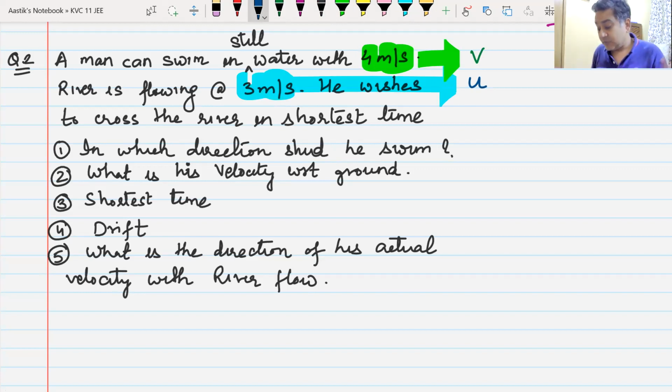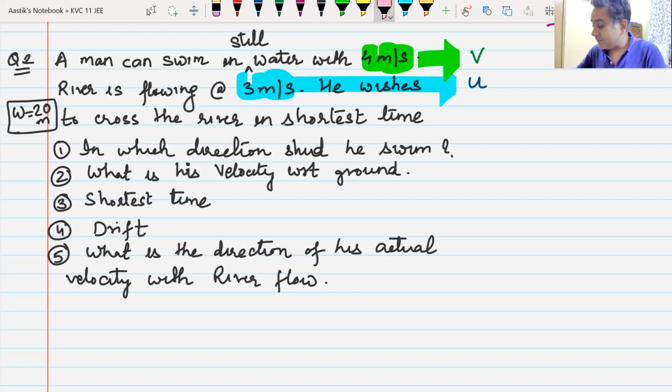Yes or no? What is not given here, which I forgot, is the width of the river. So let us take the width of the river as 20 meters. The width of the river is 20 meters, and let us start solving the question now.